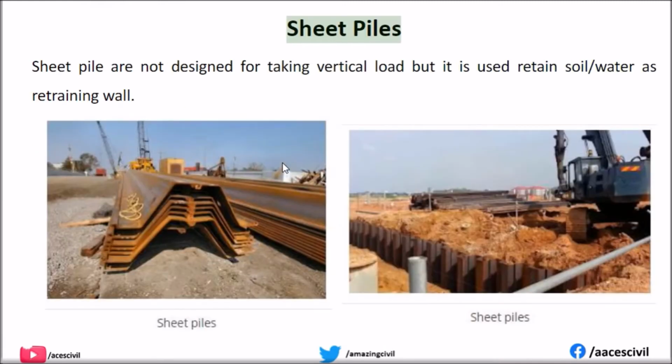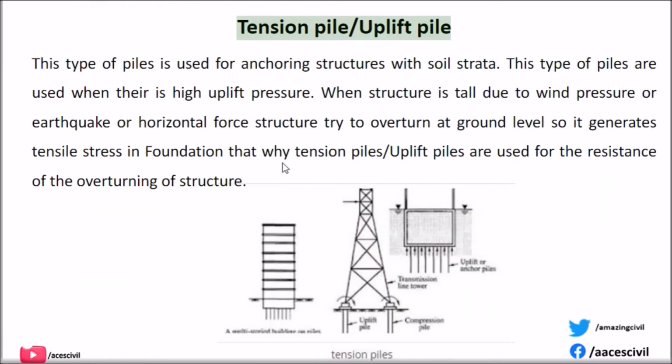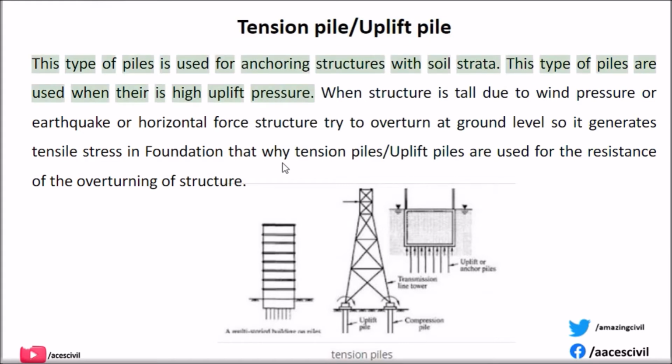Sheet piles. Sheet piles are not designed for taking vertical load, but they are used to retain soil and water as a retaining wall. Tension pile/uplift pile. This type of pile is used for anchoring structures with soil strata.